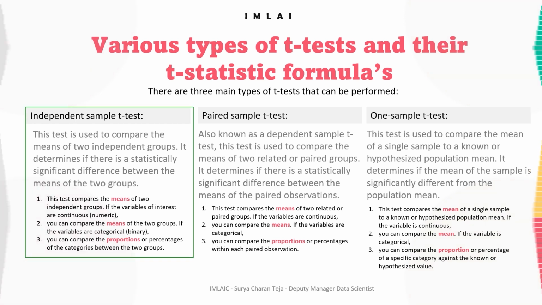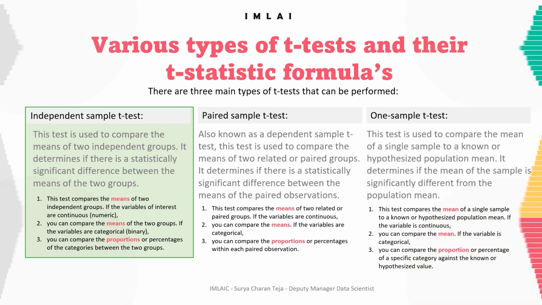With respect to the data scientist, the independent sample t-test is very important. With respect to data science, when determining the statistical significance of the relationship between two variables, the most commonly used technique out of these three is the independent sample t-test.